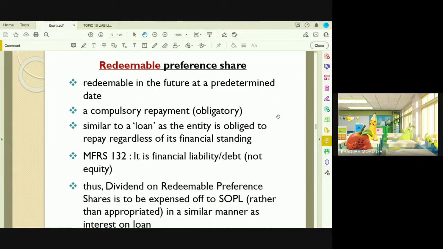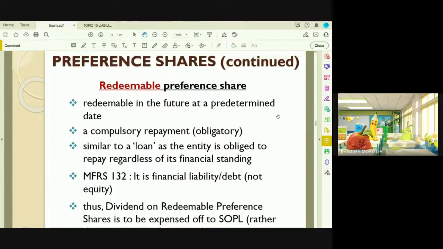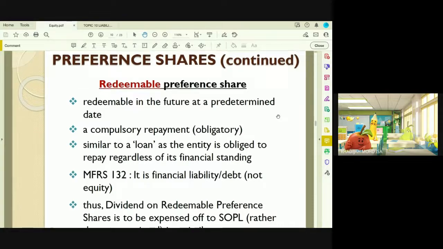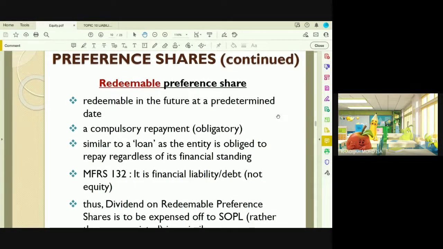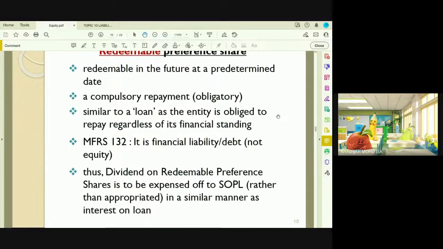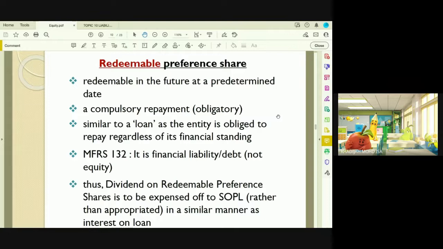It's similar to a loan, as the entity is obliged to repay regardless of its financial standing. So whenever there are redeemable preference shares, when the shareholders redeem their shares, the company has to make payment. All right, under Malaysian Financial Reporting Standard 132, these redeemable preference shares are a financial liability or debt, and not equity.